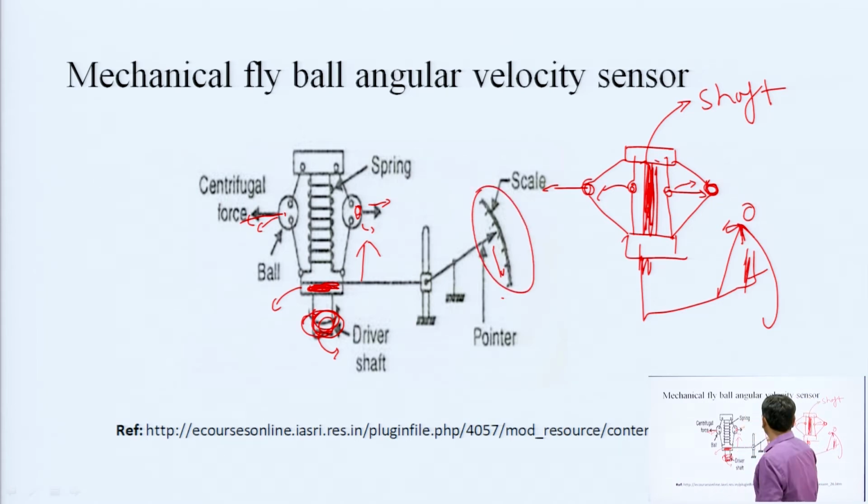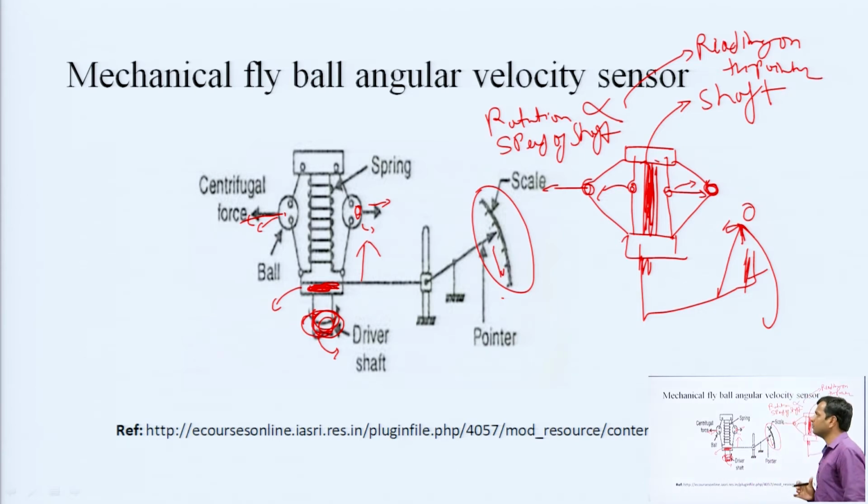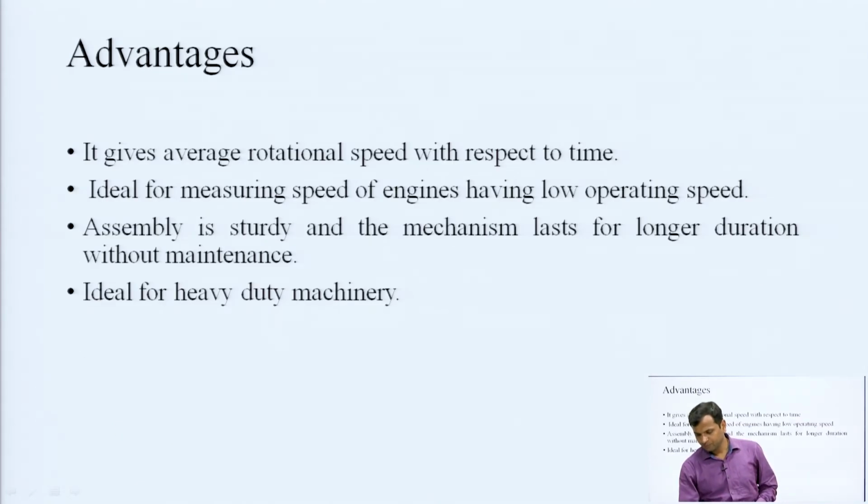So the rotation speed of the shaft is proportional to the reading on the pointer. This is the basic principle of the mechanical fly ball angular velocity sensor.